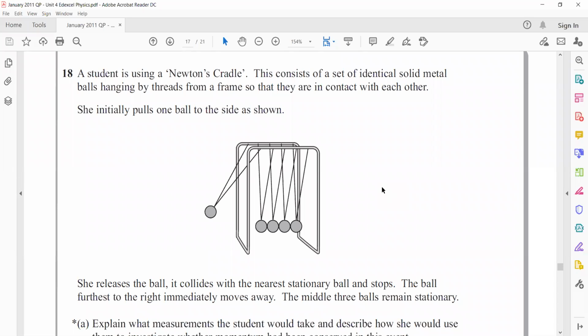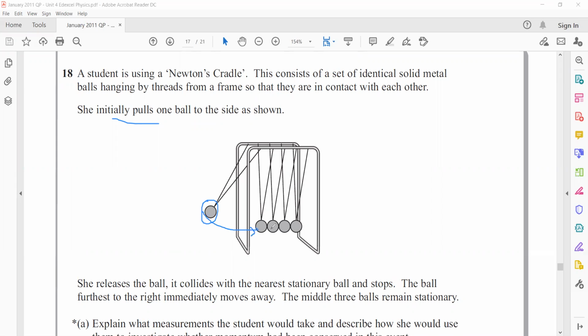Question 18. A student is using a Newton's cradle. This consists of a set of identical solid metal balls hanging by thread from a frame so that they are in contact with each other. She pulls one ball to the side and releases it.